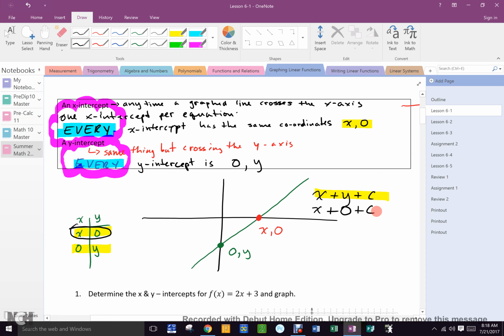There it is. What if I wanted the Y-intercept? Then what would I write? Then I would have 0 plus Y plus C, and I would try to find the Y. Does everybody understand?